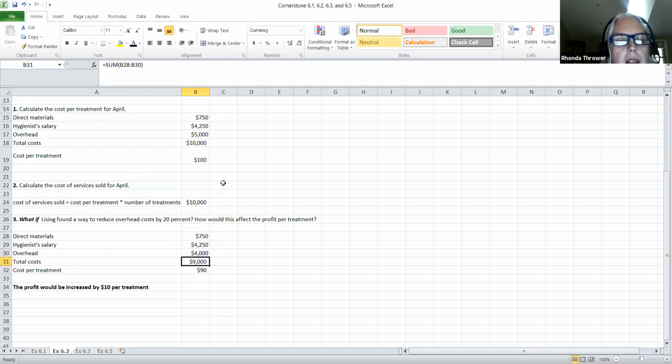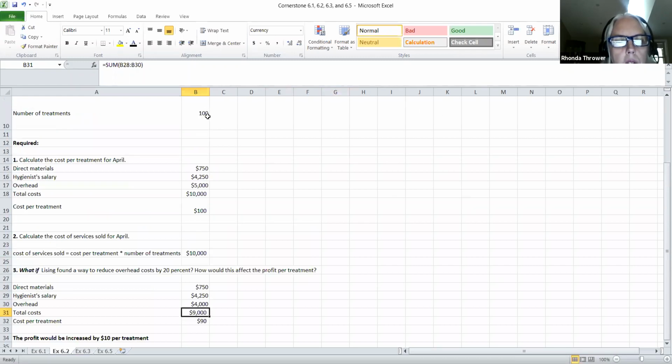If you divide that by 100 treatments that they told you that they had up here, that gives you a cost per treatment of $90. So in other words, it was $100, but if we could reduce our overhead cost, the cost of our treatments would go down by $10.